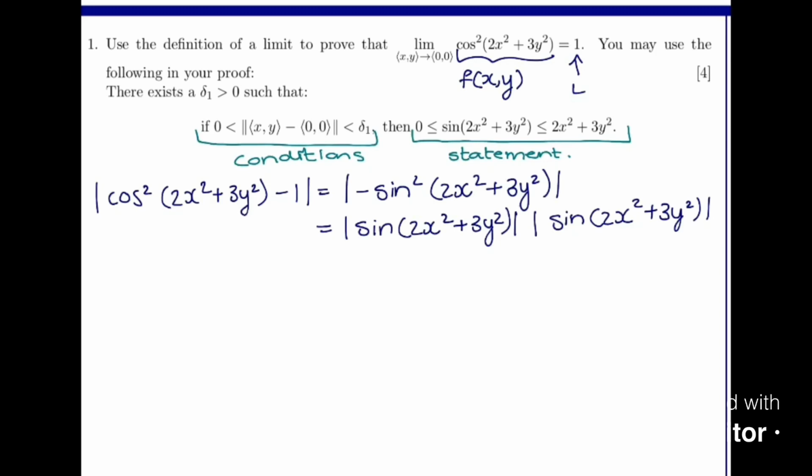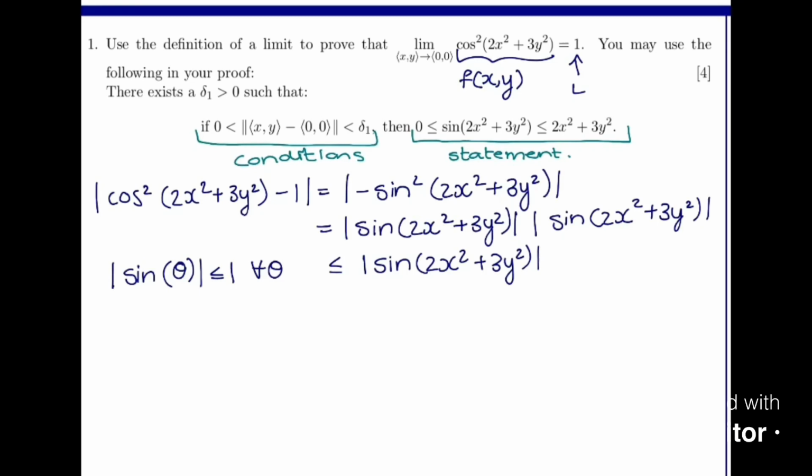And now I can use the property that the absolute value of sine of any angle is less than or equal to 1. So this can be less than or equal to, now I'm just going to use it for one of these terms that are multiplying, not both of them. So this will just reduce to the absolute value of sine of (2x squared plus 3y squared).